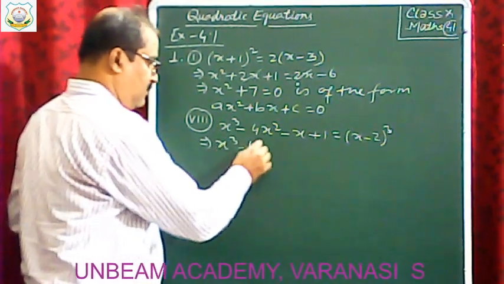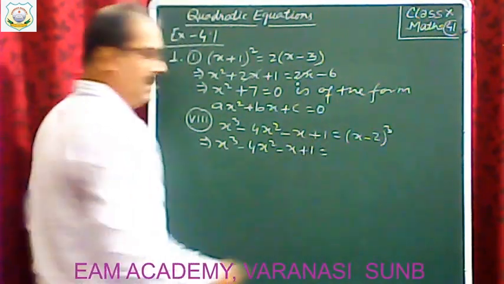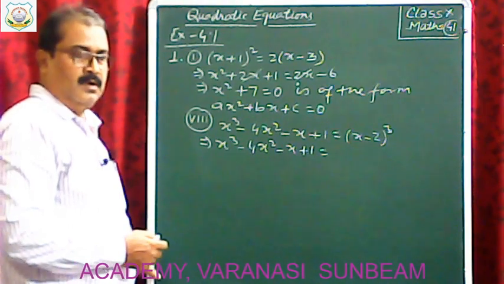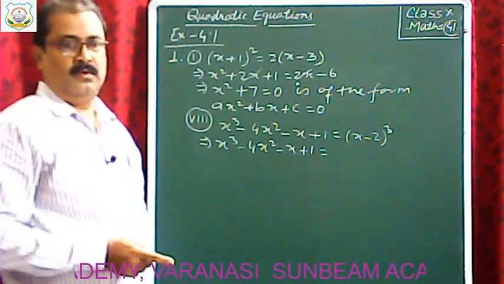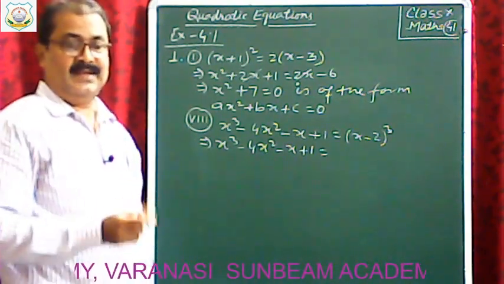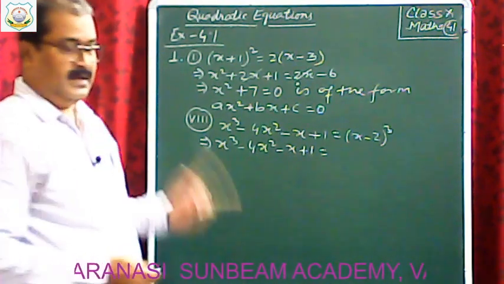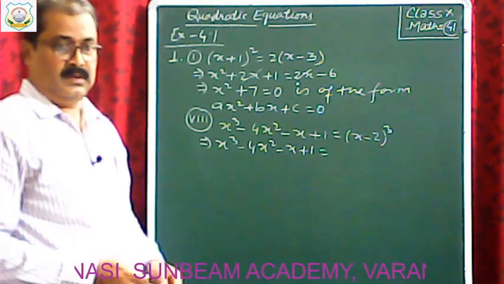X cube minus 4x square minus x plus 1 as it is. X minus 2 whole cube you have to expand. A minus b whole cube equals a cube minus b cube minus 3a square b plus 3ab square. Isn't it?